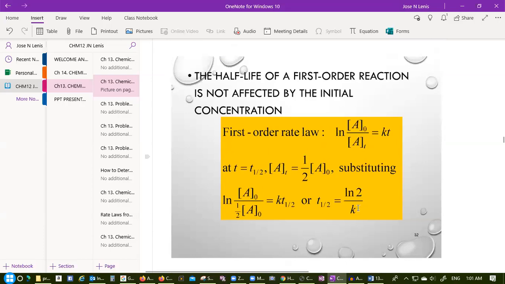First order. For radioactive decay or dating. It's a very good application of dating. We can date radioactive materials applying these formulas to figure how old, for example, is a rock.